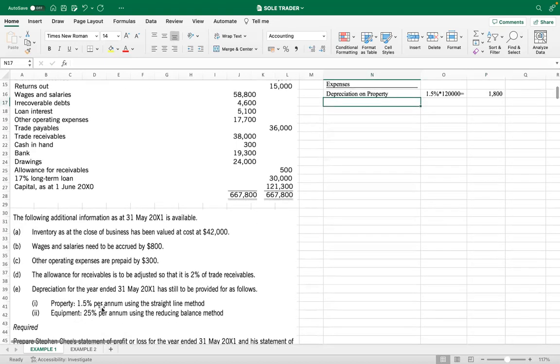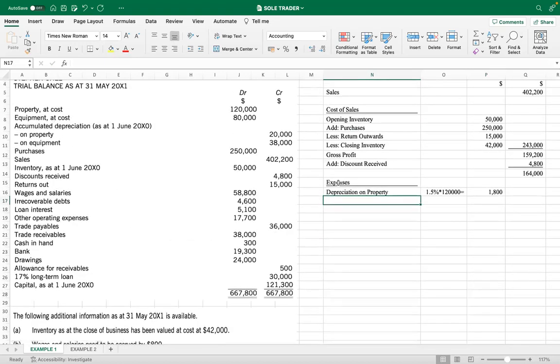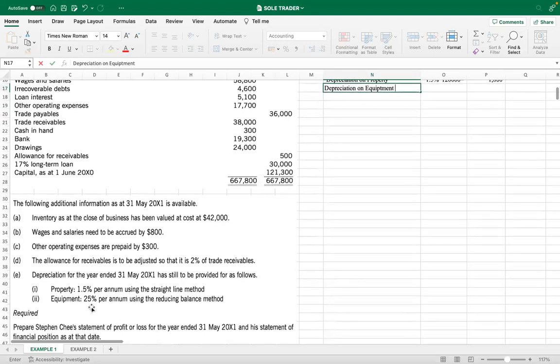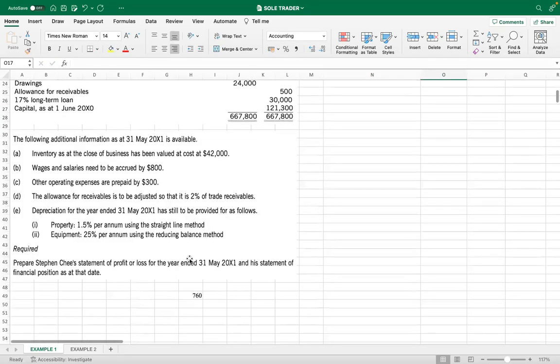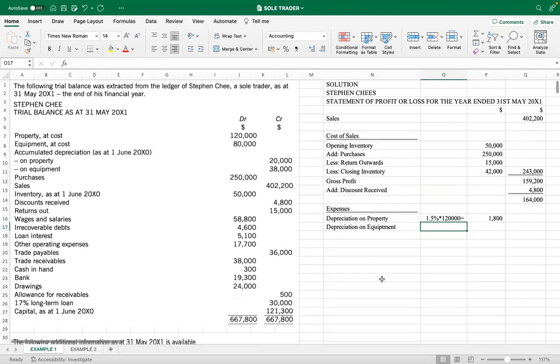We also have depreciation on equipment. Now, depreciation on equipment, we were told equipment is 25% per annum using the reducing balance method. So what you'll do, you'll take 25% times, in brackets, reducing balance: you take 80,000 minus the previous accumulated depreciation of equipment.